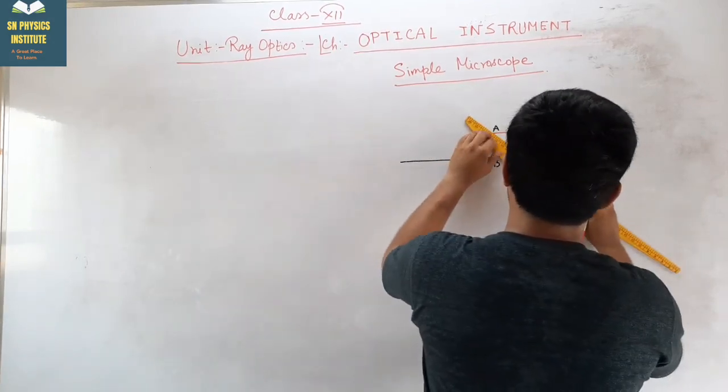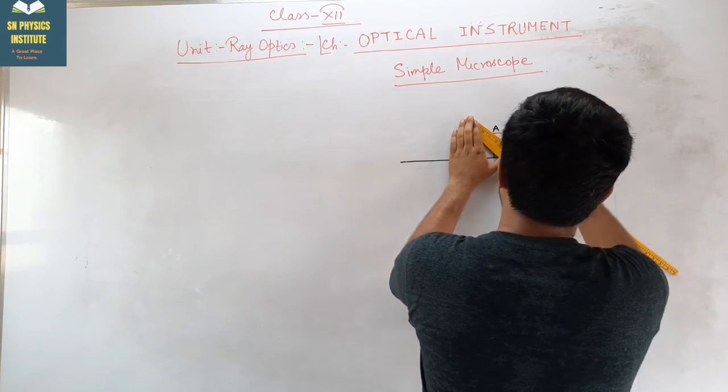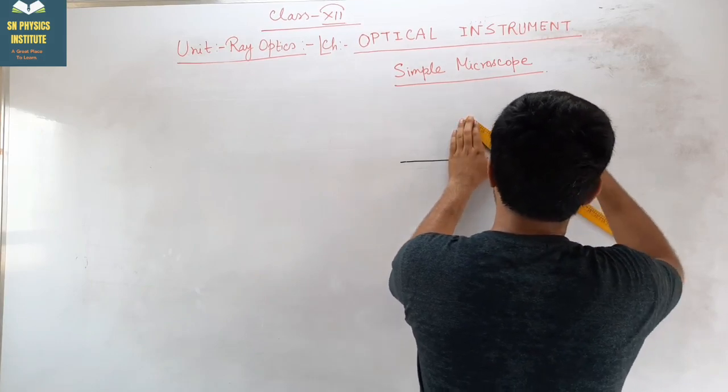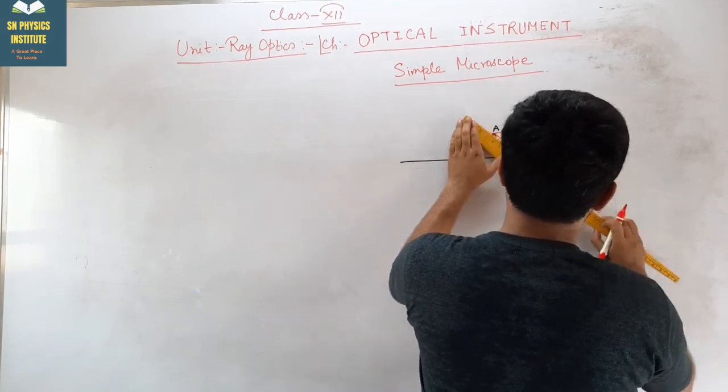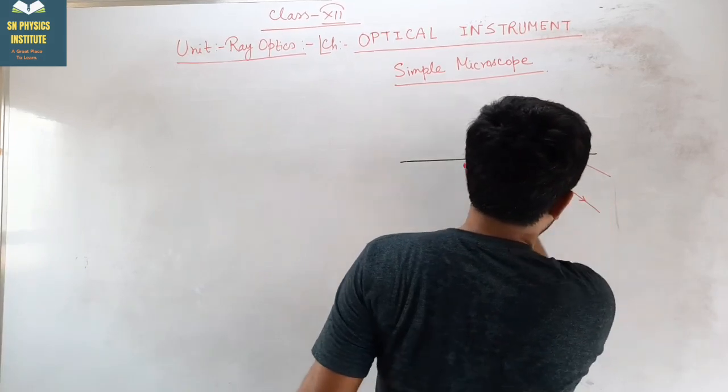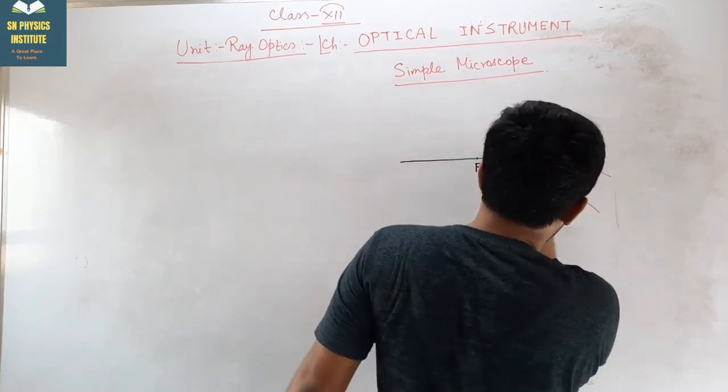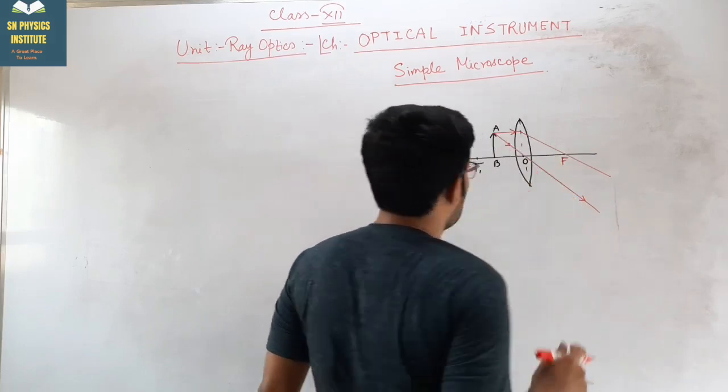The next one is if a ray is incident on the optical center, then it just goes straight.